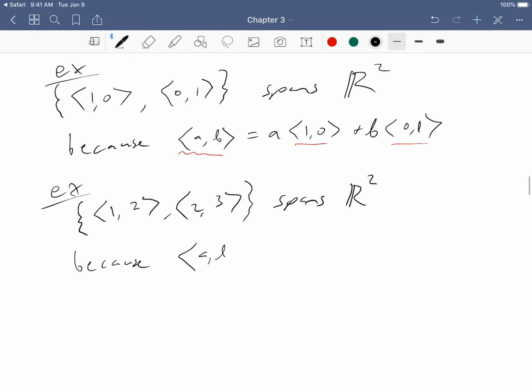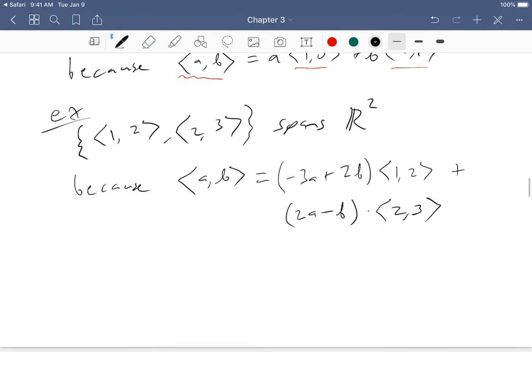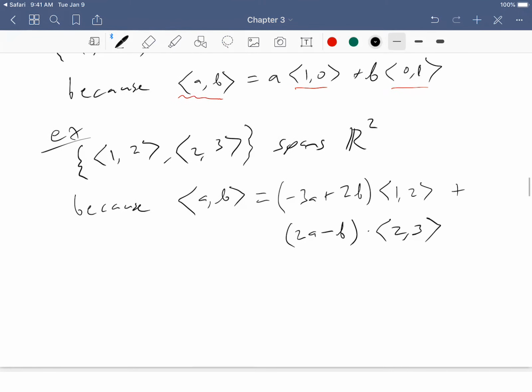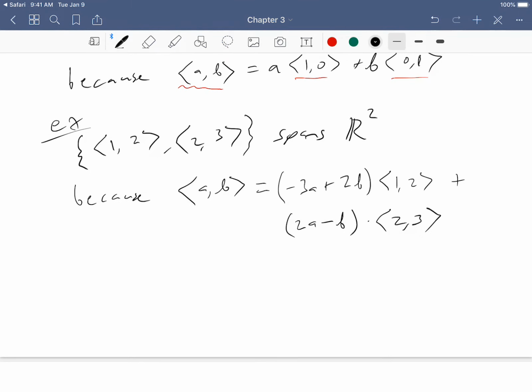Before, we wrote (a, b) in terms of those as a linear combination, and the way we did it was we built the scalars that we needed out of the a and the b. It turned out that what we needed was (-3a + 2b) times (1, 2), and (2a - b) times (2, 3). You should be able to check that in your head, thinking about distributing and adding those vectors. So this is another spanning set for R2.